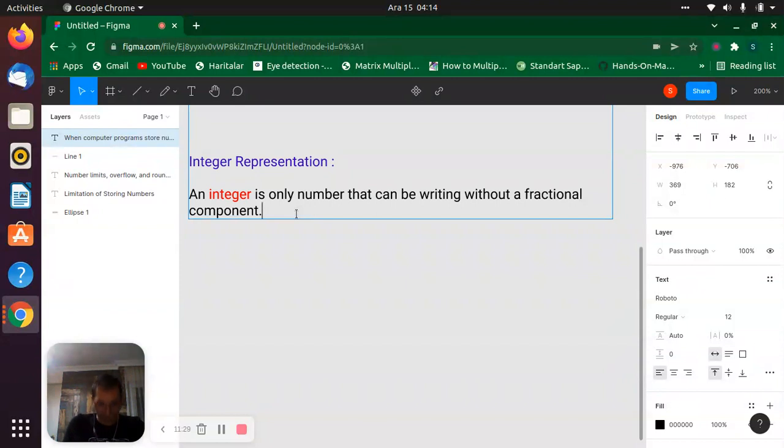Now we will say the same term is used both in programming and in math. Okay.